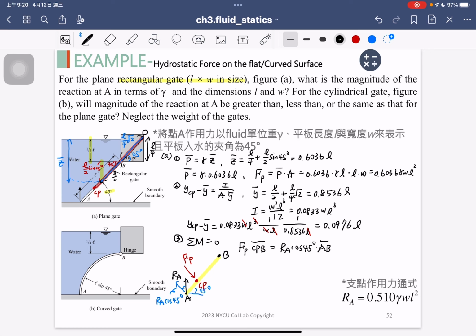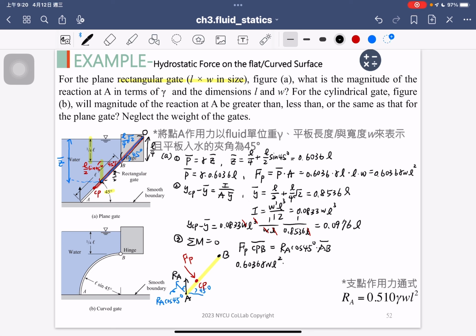The answer we need is how large RA is. So we put FP into the equation. FP is equal to 0.6036 gamma WL squared.